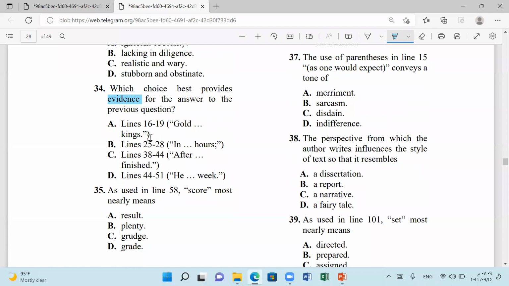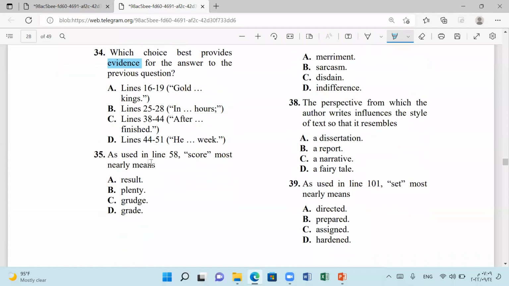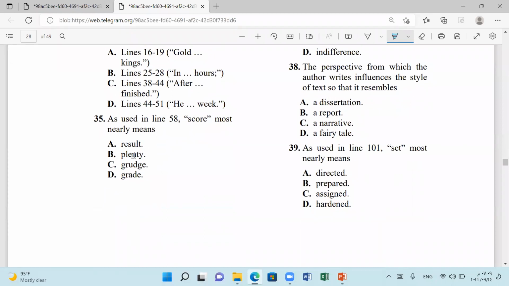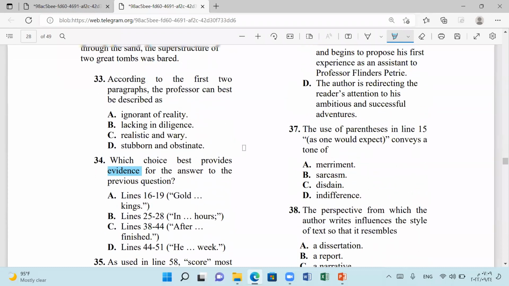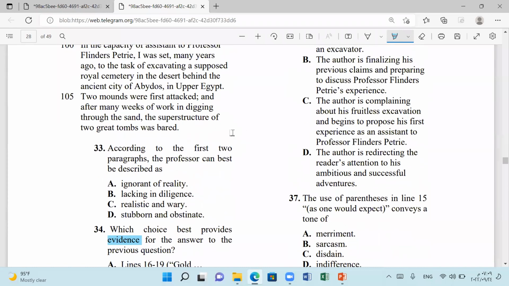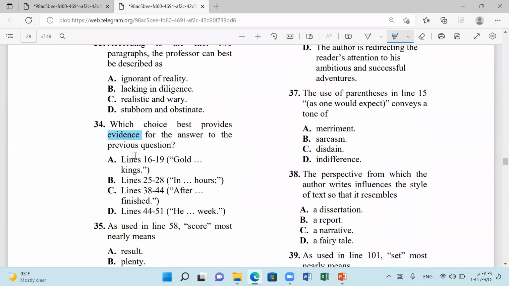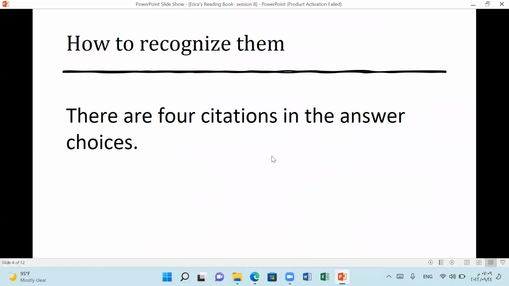Is it clear? Look at the other types of questions. You will find here vocab words. You will find here phrases. But the evidence questions are very unique, very distinguishable. So this is an evidence question. So let's get back to our presentation.